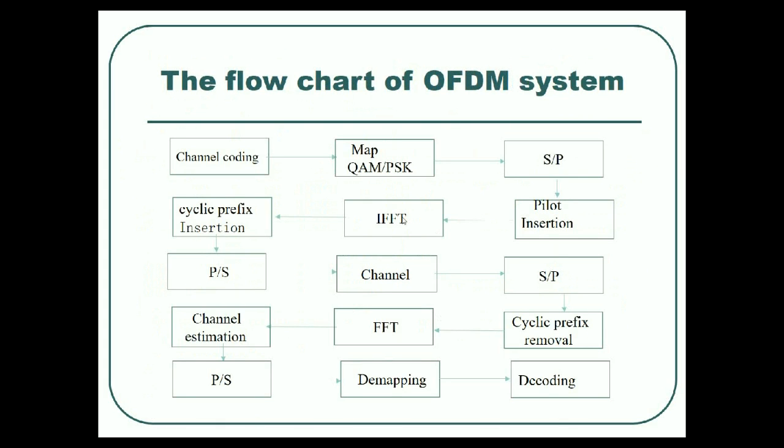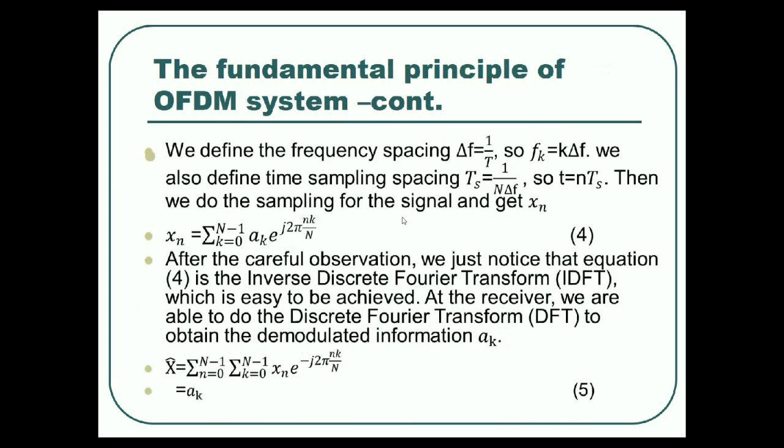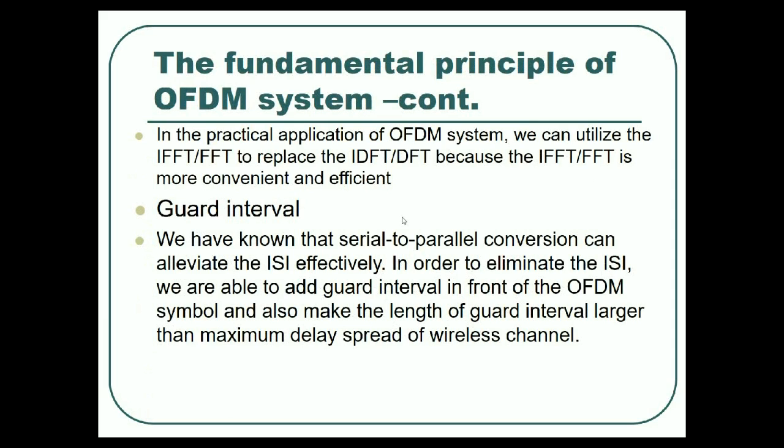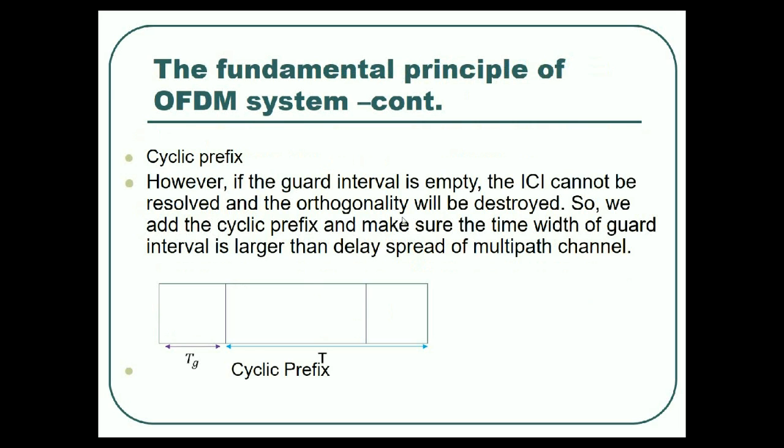After the IFFT, we insert the cyclic prefix. But first I will discuss the guard interval. We have known that the serial to parallel conversion can alleviate the ISI effectively. In order to eliminate the ISI, we add a guard interval in front of the OFDM symbol and make the length of the guard interval larger than the maximum delay spread of the wireless channel.